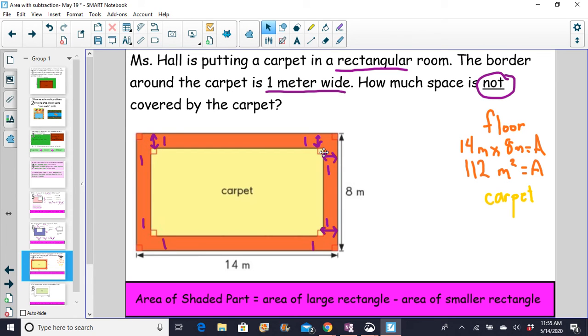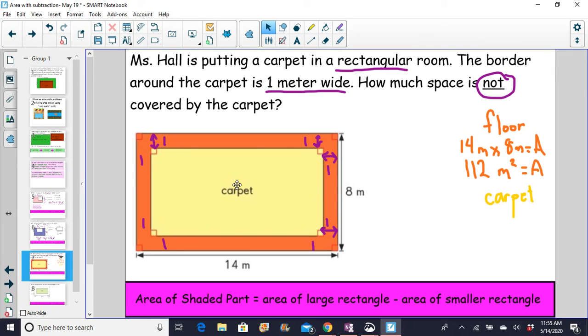So that means that the length of the carpet is going to be 1 meter shorter on the right and 1 meter shorter on the left. And the width is also going to be 1 meter shorter on the top and 1 meter shorter on the bottom. So I need to subtract the border from the floor measurements.